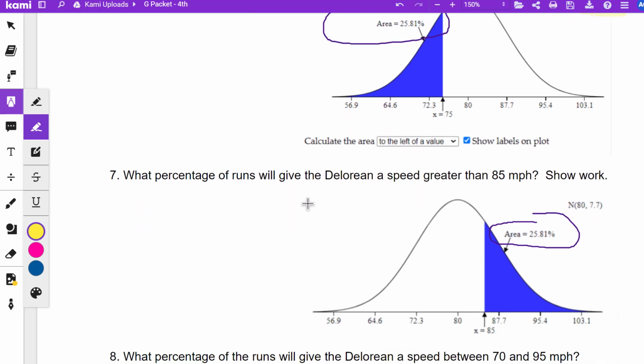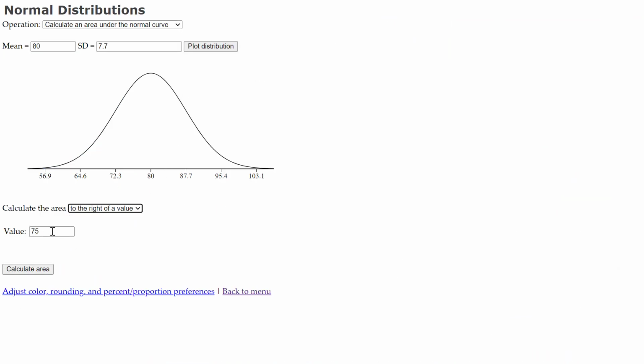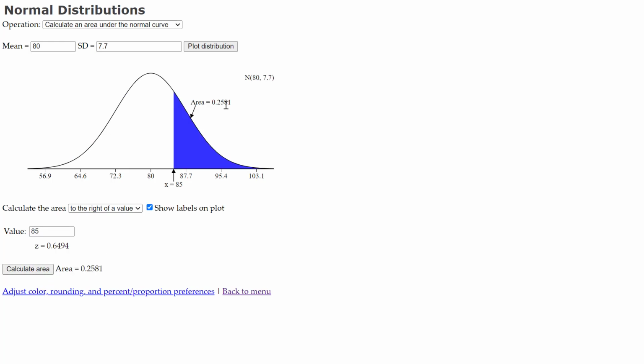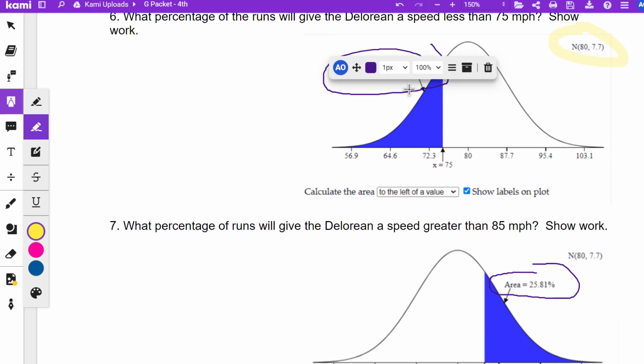Then I asked what percentage of runs will give the DeLorean a speed greater than 85 miles per hour. So for greater than, you go to the right of a value, make sure you put in the right value, hit 85, calculate, and voila, same answer. Why is it the same answer? Why do I have 25.81% here and 25.81% there?